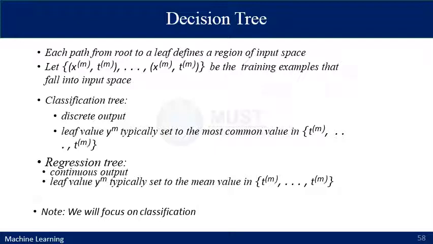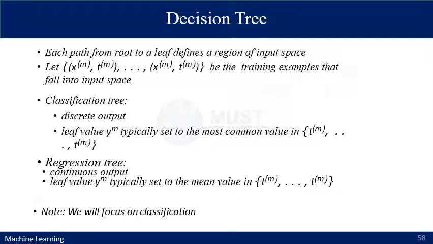So decision trees can be used for classification and regression tasks as well, and each path from the root to a leaf defines a region of the input space. So you may have different examples and training labels that fall into that input space, and for the classification task you may have the output values as discrete outputs in the form of labels.